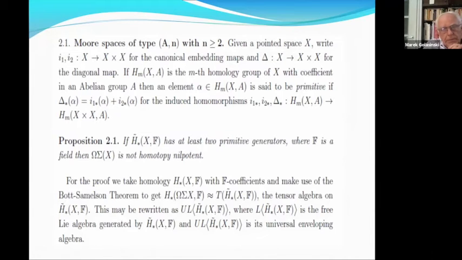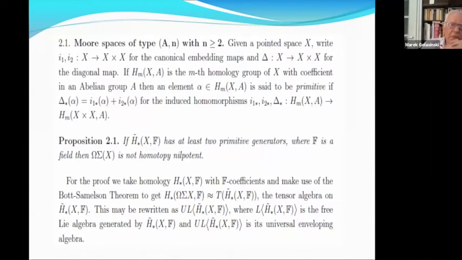To formulate some result which I'm going to use later, we need some notation and to recall some definitions. So given a space X, we write i1, i2 for the canonical inclusions of X into the Cartesian product. And also we have the diagonal map.